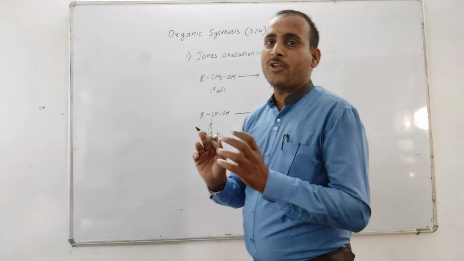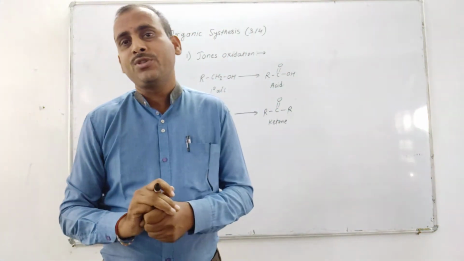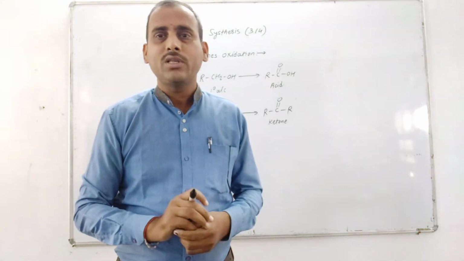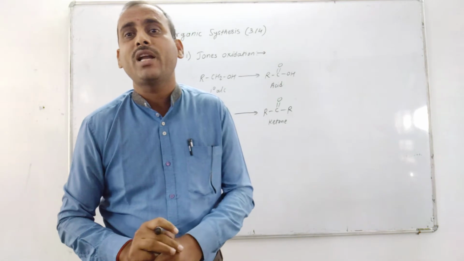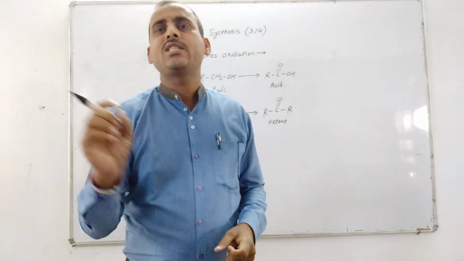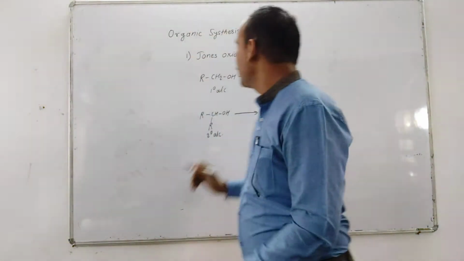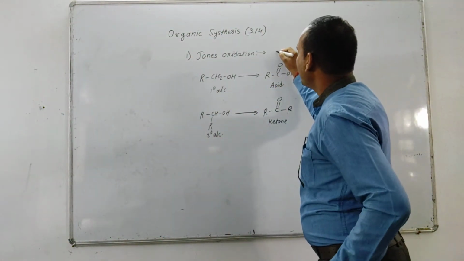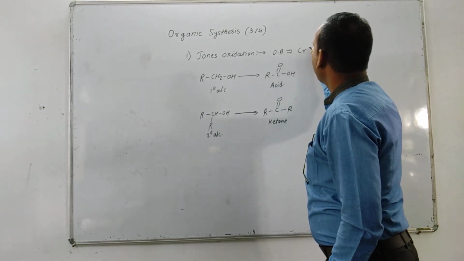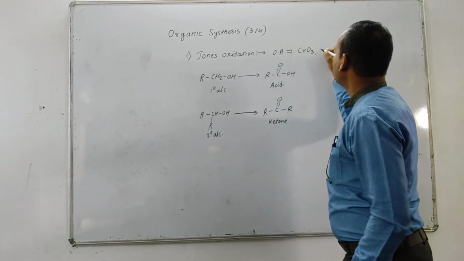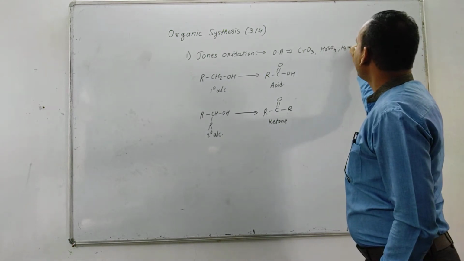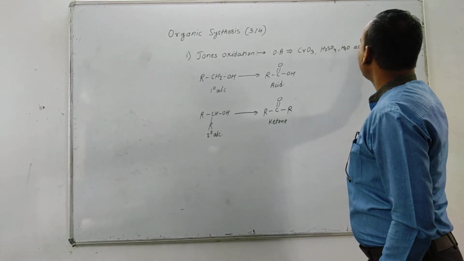So what is the Jones reagent? Jones reagent is chromium trioxide, dilute H2SO4 in acetone solvent. So the Jones oxidizing agent is chromium trioxide, H2SO4, H2O and acetone.